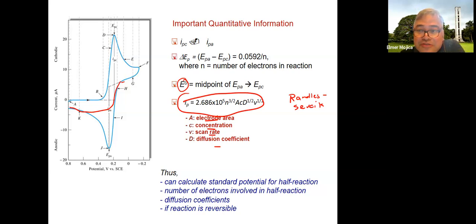The reduction reaction. Okay, I don't know. You can look at the CV of the paper that were given to you and see if it's like this one. So if this is like this one, like a duck, as we call it, then you have a reversible reaction. But if not, then there are other electroactive species that you have in a given system.